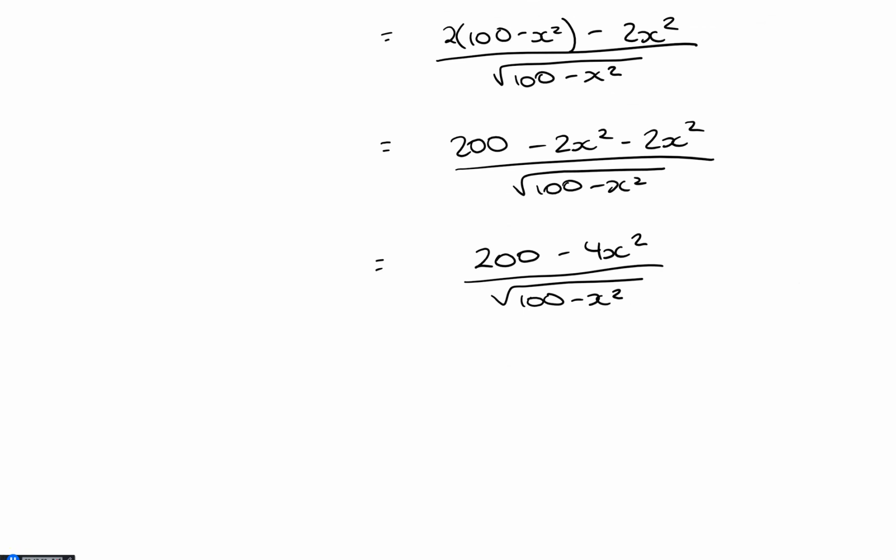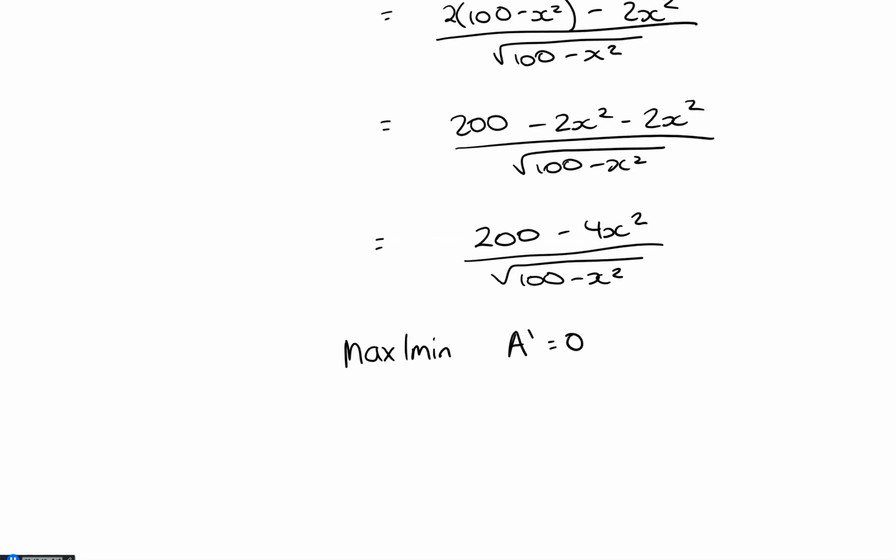So now I'm going to say that our stationary points, our maximums, our minimums, are found when that derivative equals 0. Now, because it's a fraction, only the top part needs to equal 0, because remember, if you've got 0 out of 6, that's 0. So all we need is for 200 take 4x squared to equal 0.